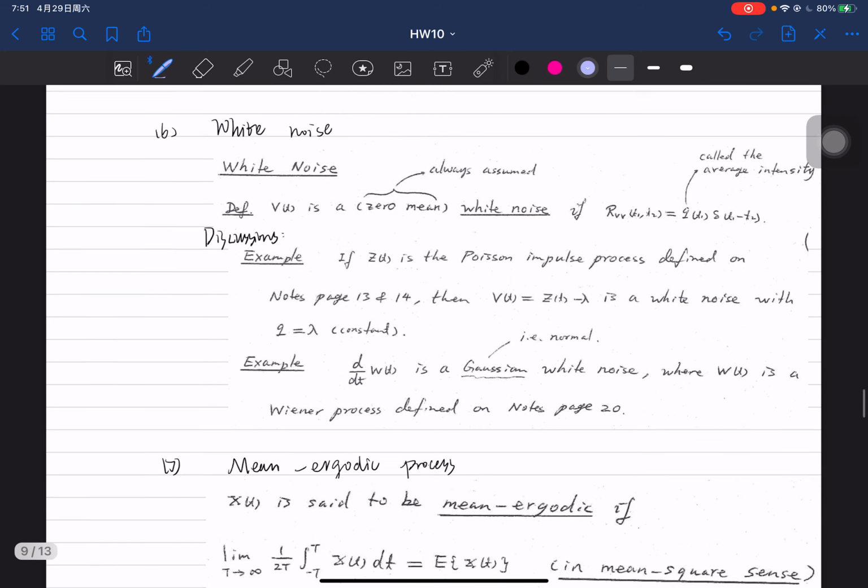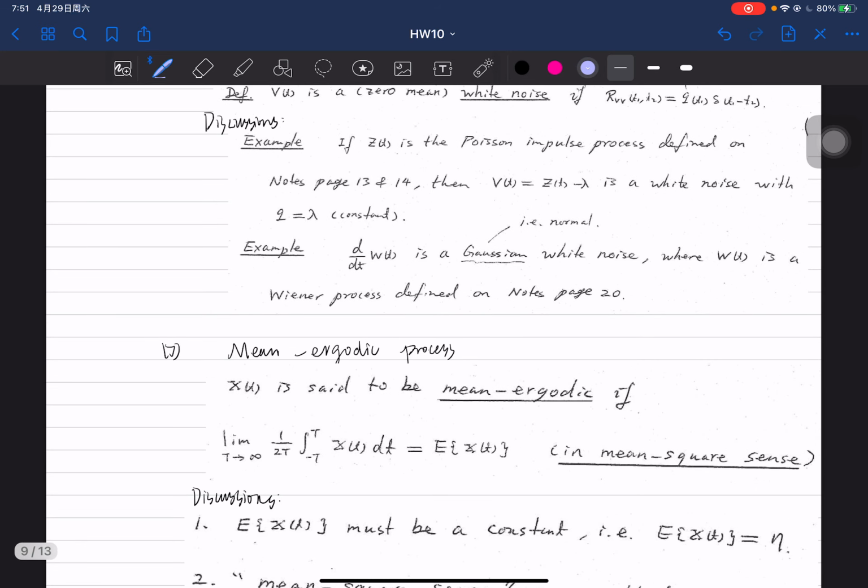And question 7 is the mean ergodic process.